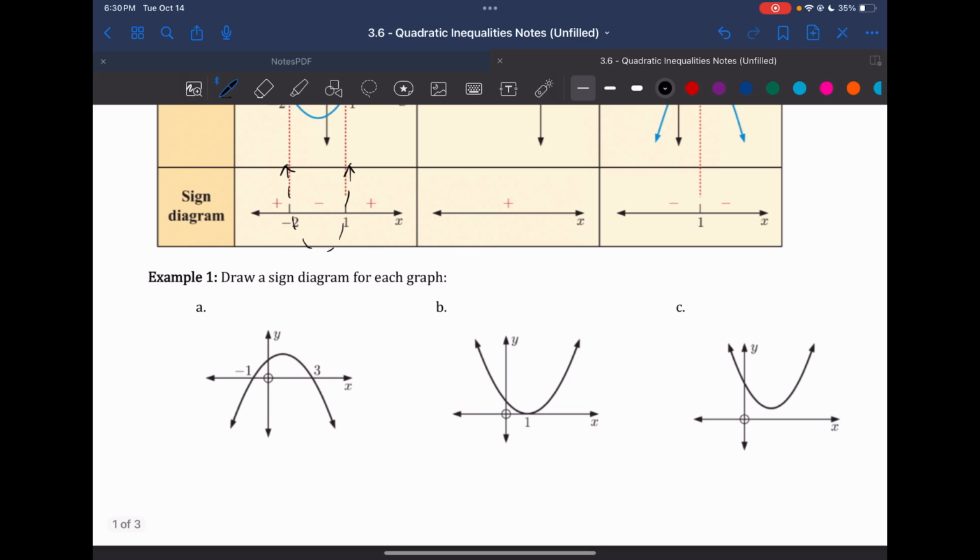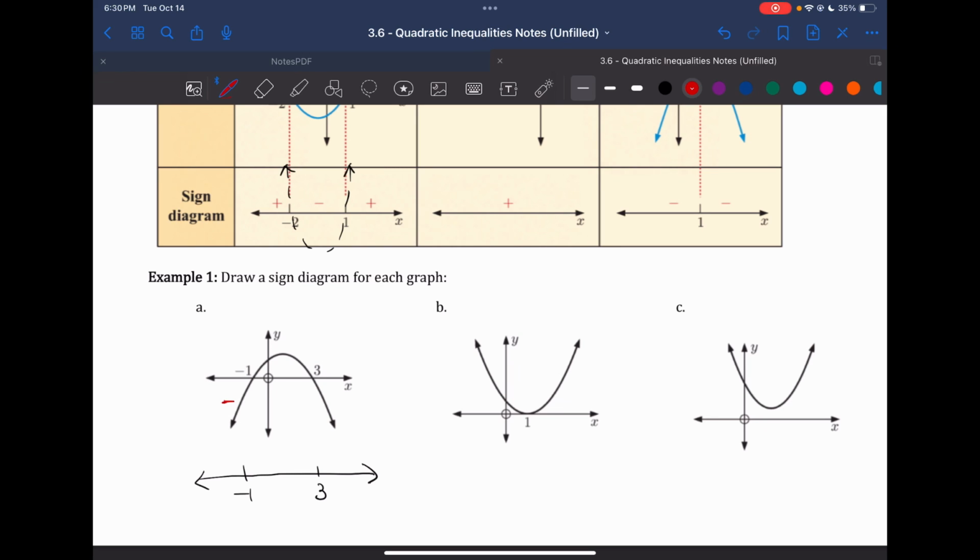So what we're going to do for each of example 1 is draw a sign diagram to indicate what's happening in each graph. First things first, you just draw a number line. And our roots are -1 and 3. Then I have to determine what's happening in the graph. On the left-hand side, I can see that it's below, so that would be negative.